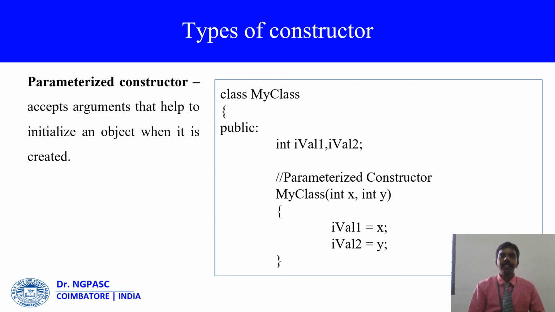The class contains a constructor myClass which accepts two arguments x and y of type integer. In the previous example, we had a constructor with no arguments, but in this case we have a constructor defined with two arguments, and these two arguments get assigned to the member variables ival1 and ival2 respectively. x gets initialized to ival1 and y gets initialized to ival2.